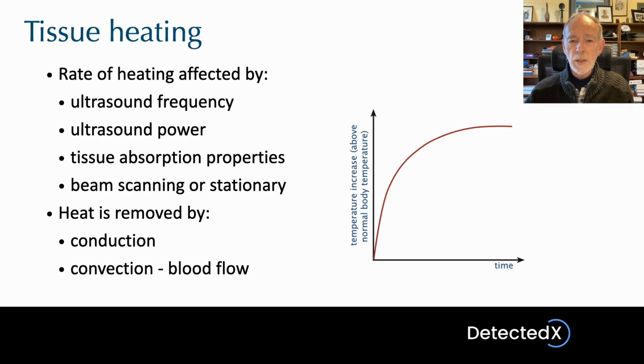Heat is being applied to the tissue, and heat is being removed from the tissue at the same rate. We therefore have a stable temperature at that time. So if you apply ultrasound for a long period of time, the temperature won't keep on increasing. It reaches this plateau value and stays there. The time scale of this graph is typically around a minute or a little less than a minute. So that's the sort of rate at which the heating occurs.